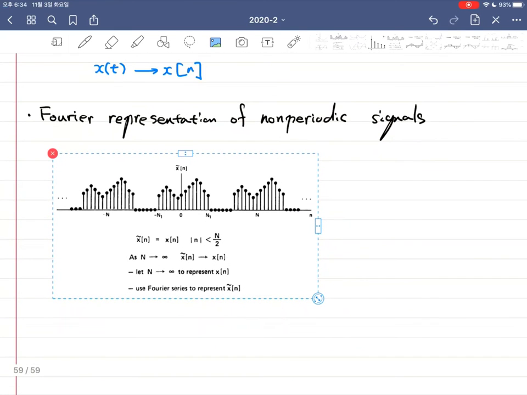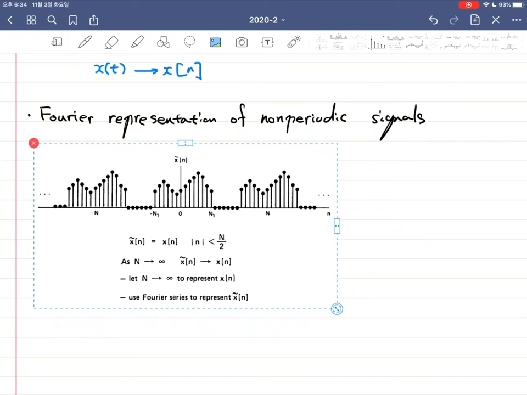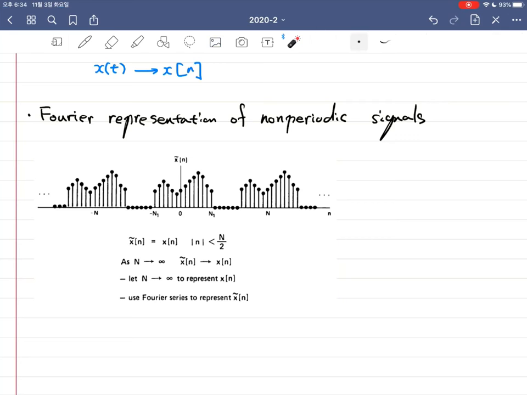This is the basic strategy, which is equivalent to the one with continuous time. If I want to obtain the Fourier series of just this discrete time signal, then you have to replicate it to become x tilde like this, to make it periodic.